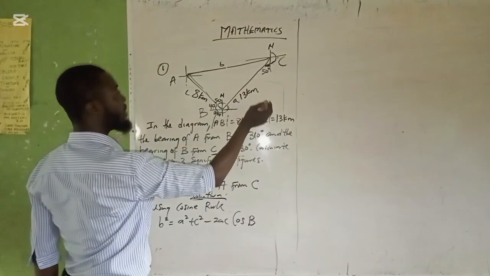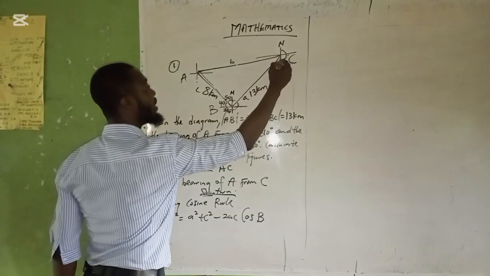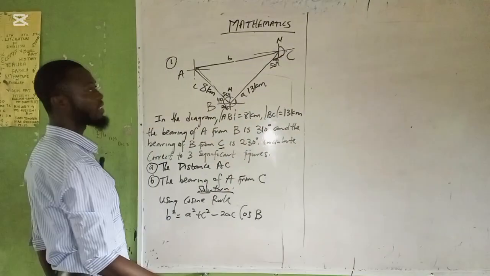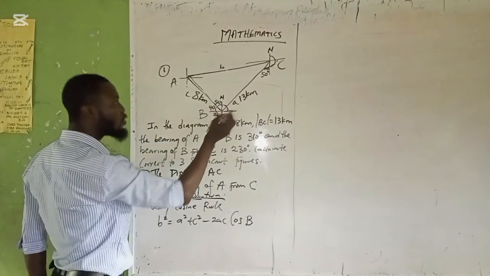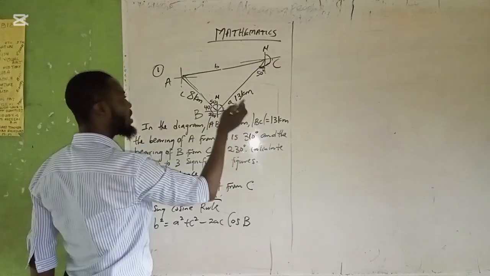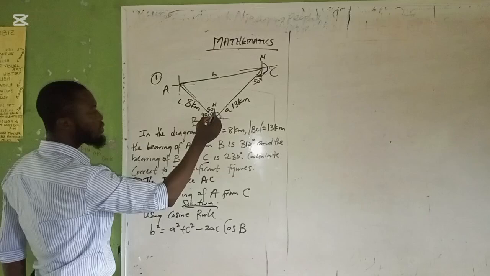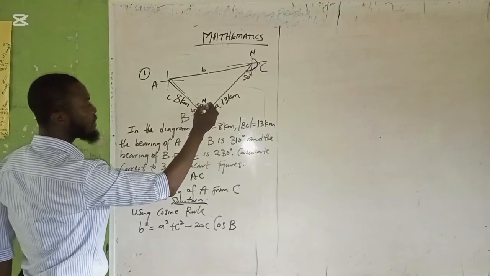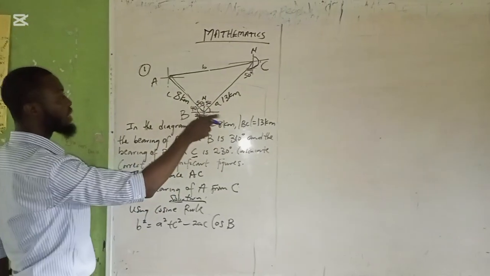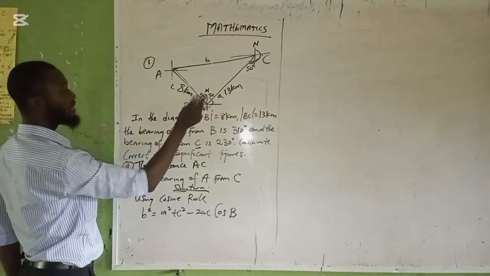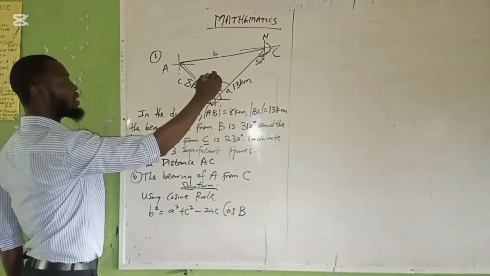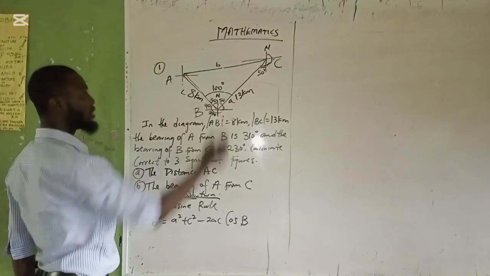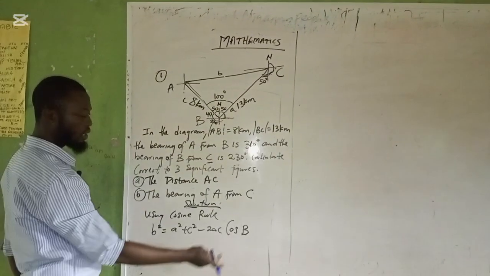If you look at the other side here, you can see that this will have 50 degrees here. So for me to get this angle here, it is an alternate angle to this one here, so that actually gives us 50 here. So you just sum them together, the two angles here, as 100 degrees. So this angle is 100 degrees, and that will give my cos B here.